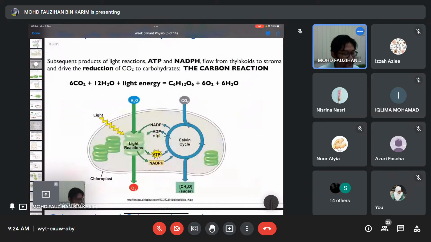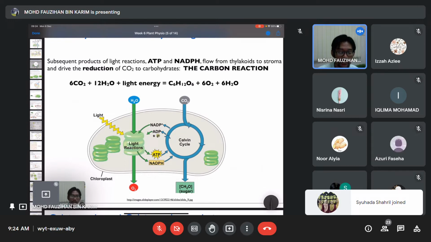So now we go to the dark reaction. A bit more complicated, but not difficult to understand.